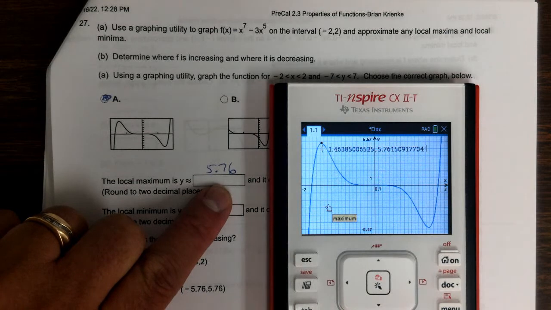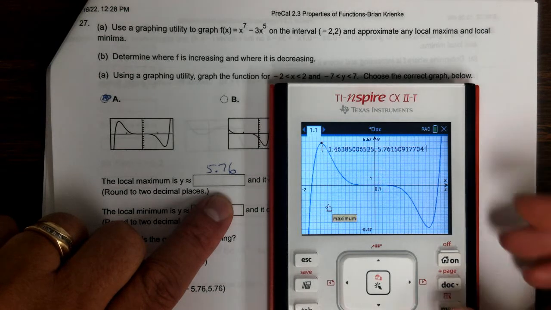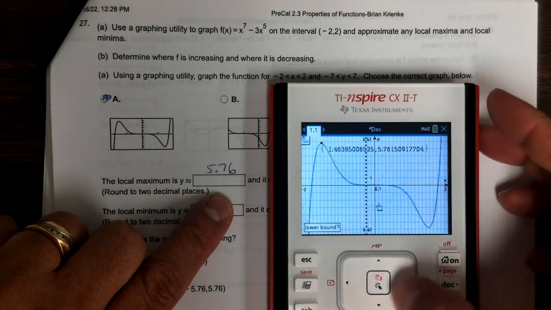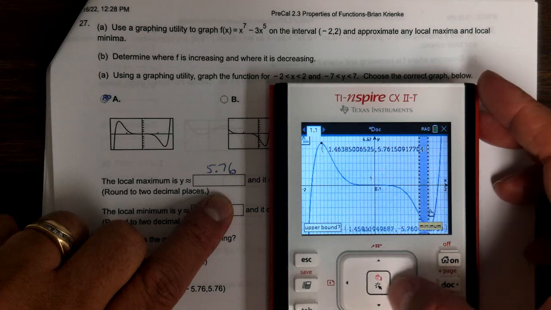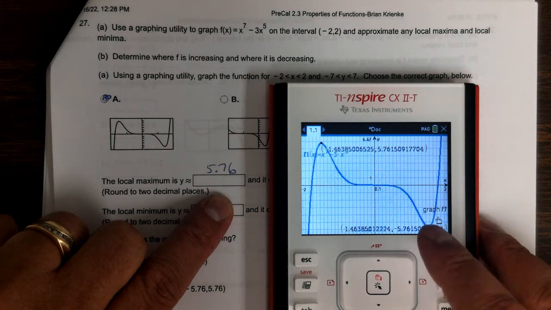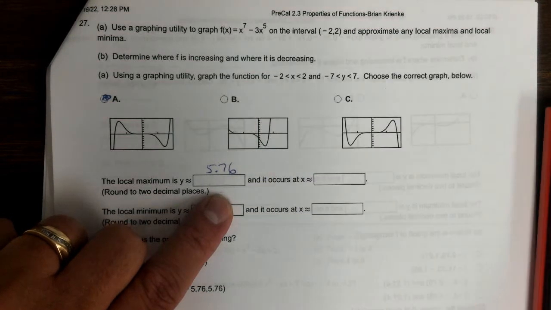Now, the other minimum looks like it's going to be right over here. Menu, analyze, minimum between here and there. It's -5.76.